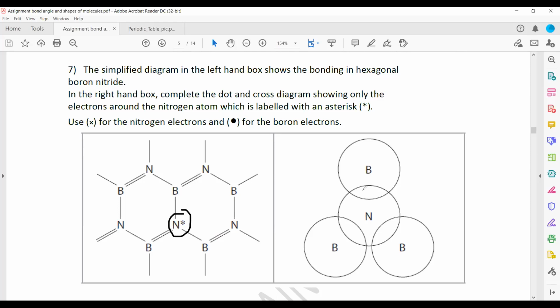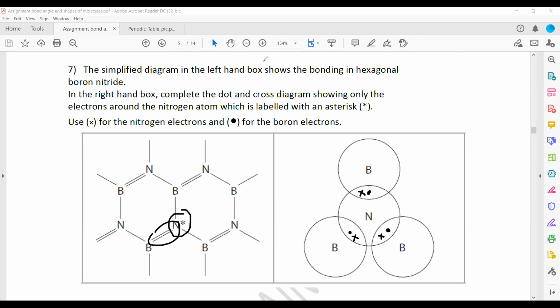For example, if nitrogen shares one, boron will share one from that side. If nitrogen shares one, boron will share one from that side. But you can clearly see there are 2 covalent bonds between them, and one of them can be dative covalent.